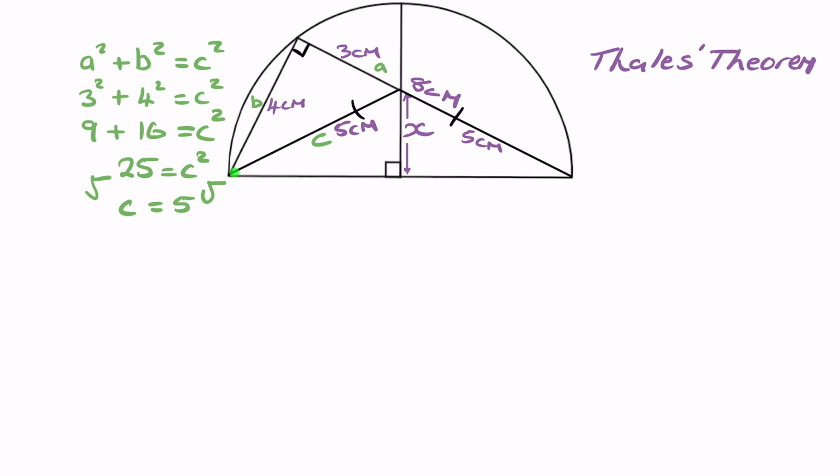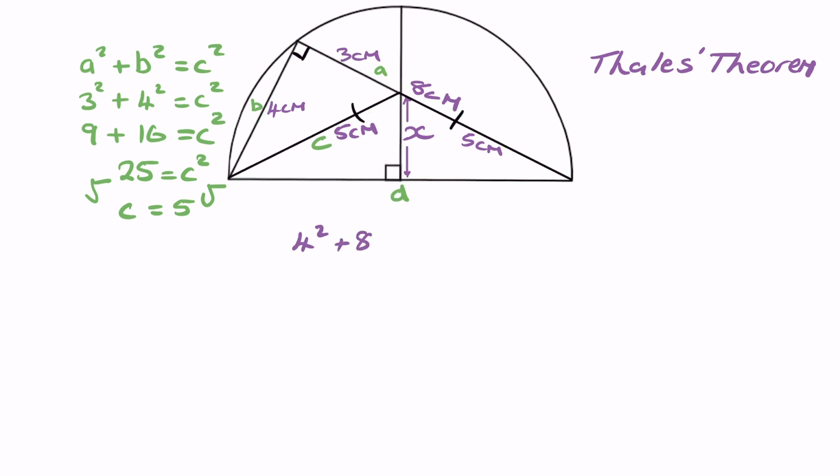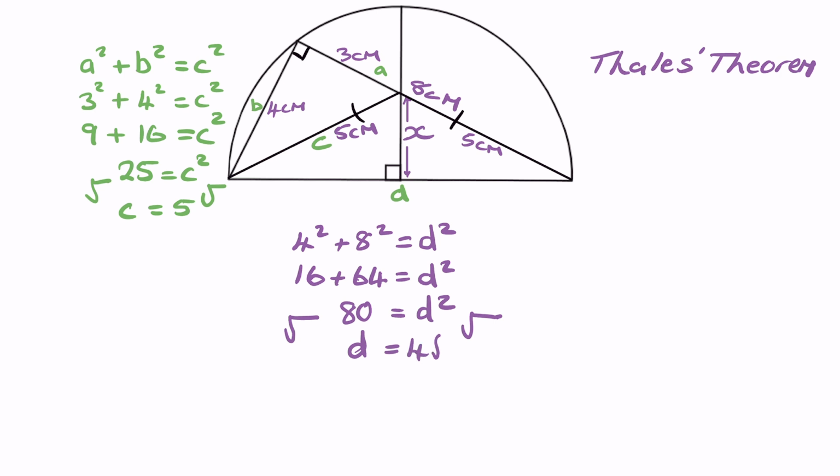So if we put those numbers in, we've got 4 for this length and 8 for that length. And again, that one will be our hypotenuse. So we got 4 squared plus 8 squared equals d squared. That's 16 plus 64 equals d squared. 80 equals d squared. And square root of 80, d equals 4 root 5.